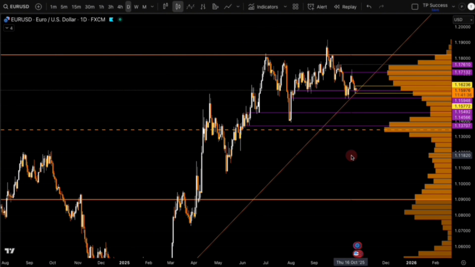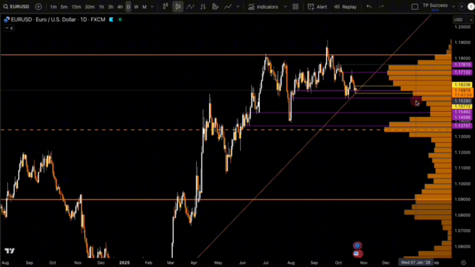Low volume node areas is where less people are in. In case you haven't watched my videos on using the volume profile, basically it works like this. The low volume node areas act as either support and resistance levels, or price basically violates that whole zone in one move. So price rapidly flows through it, or price bounces off from it.